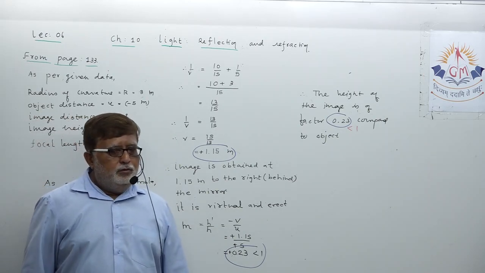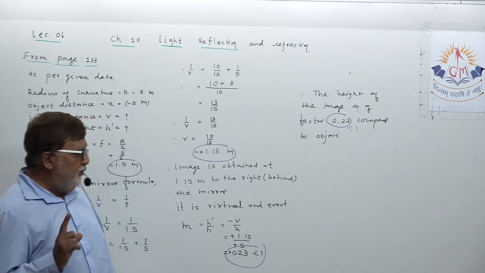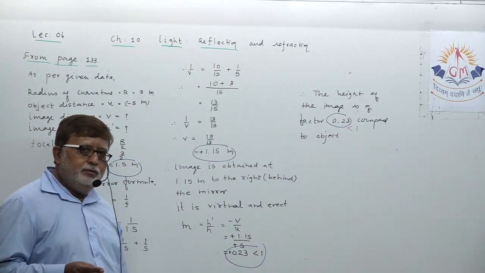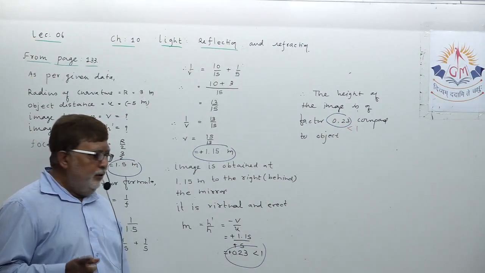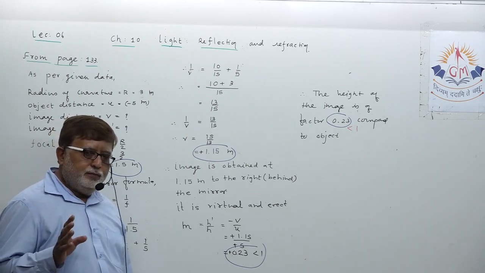So one thing is clear in your mind, as far as convex mirror is concerned, f positive, v positive, m positive, h dash positive.